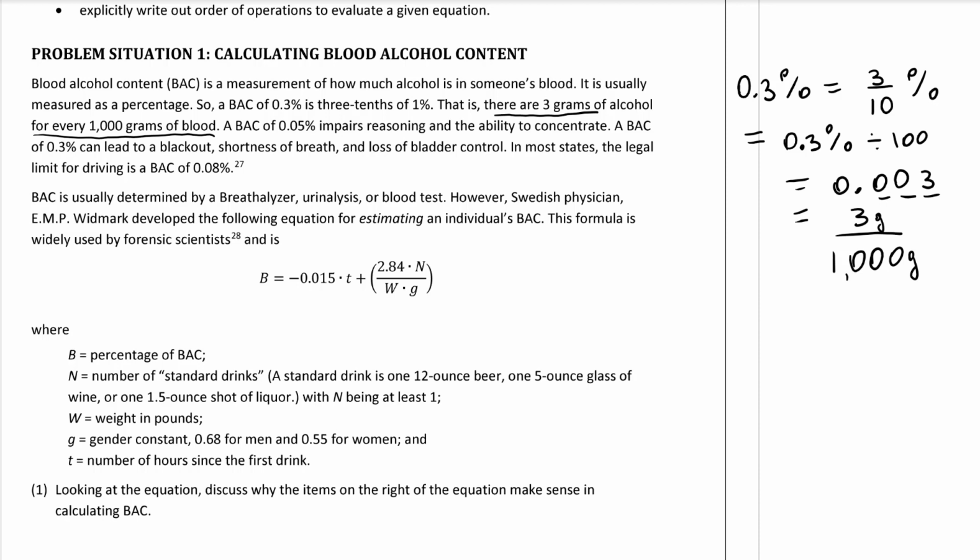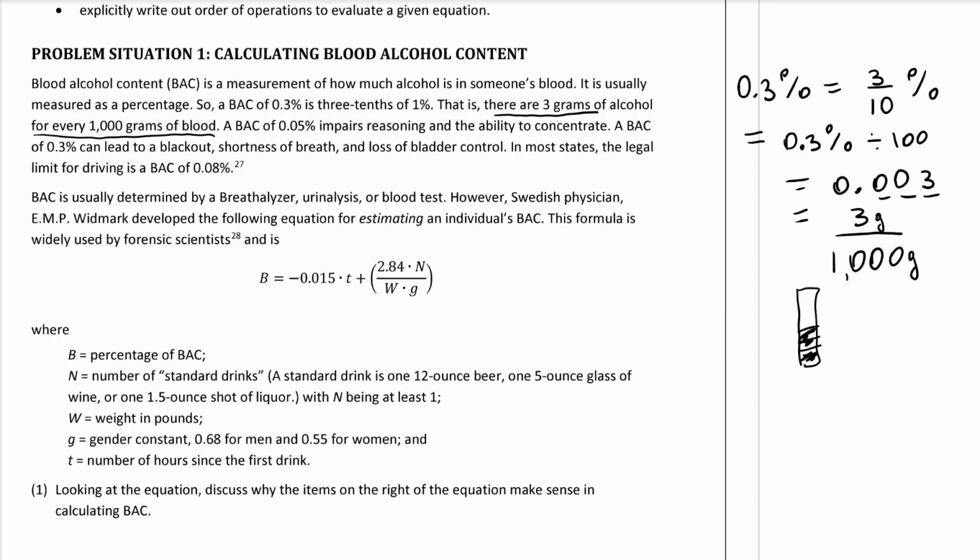And 3 grams of pure alcohol is very small. If you think of a syringe, it would be something like this. So imagine that you dissolved this amount of alcohol in 1 liter of water. That would be that concentration.